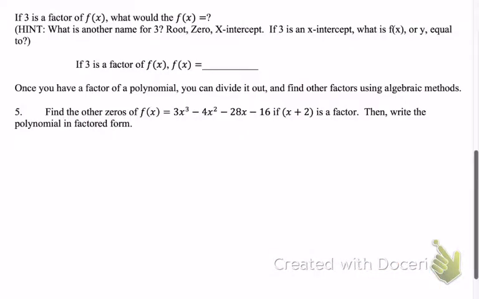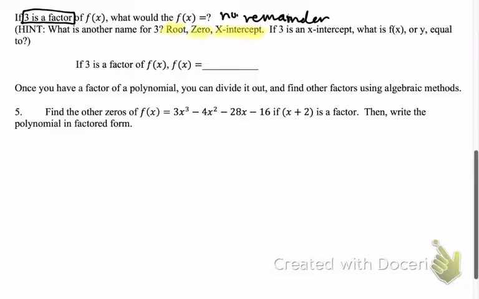So if 3 is a factor of f of x, then what would f of x equal? If 3 is a factor, that would mean that you have no remainder. And so if you have no remainder, then you're going to end up getting 0. So what is another name for 3? We have root, 0, x-intercept.